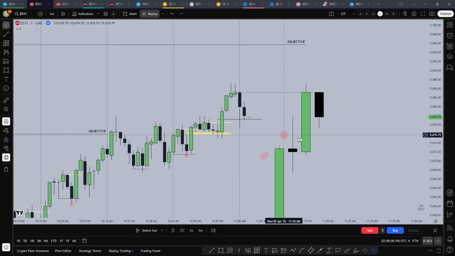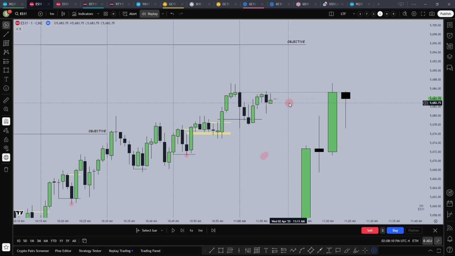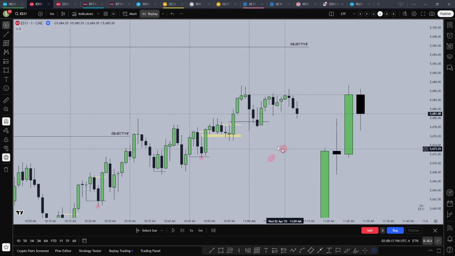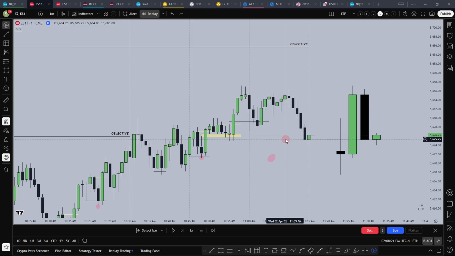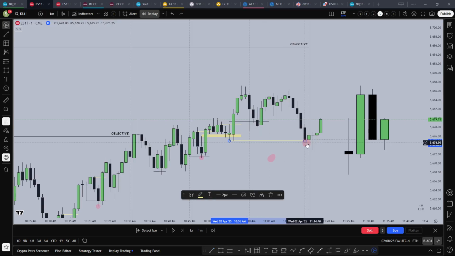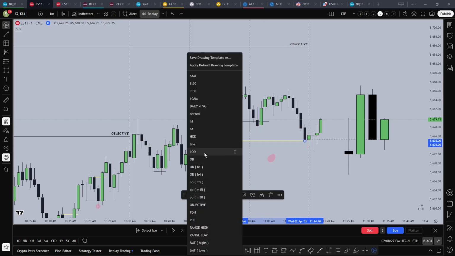So if price gonna go higher from there, it should respect this EQ of the high time frame candle, and this should stay protected. You can even get stopped, but that would be valid stop out to me at least. And this is the case, it stops you out, and this is a valid stop out to me at least.